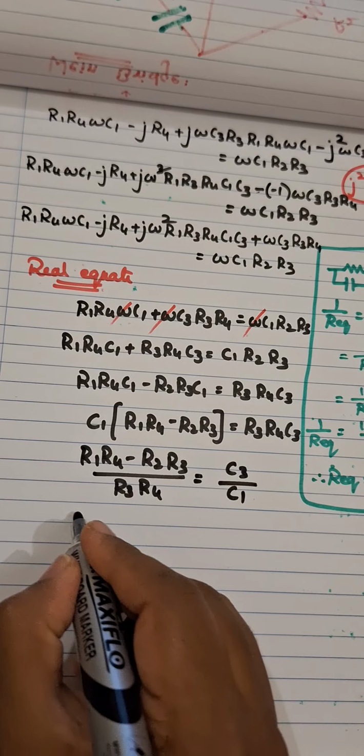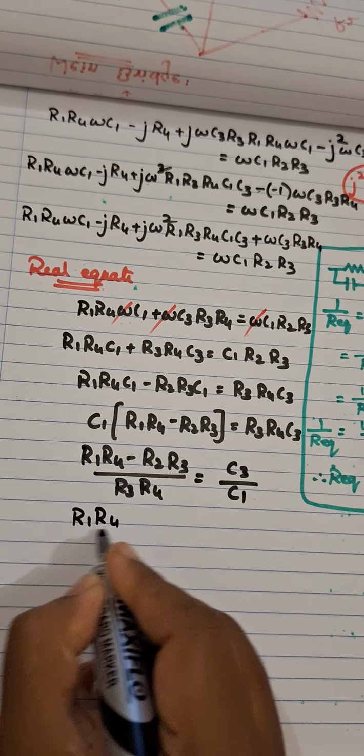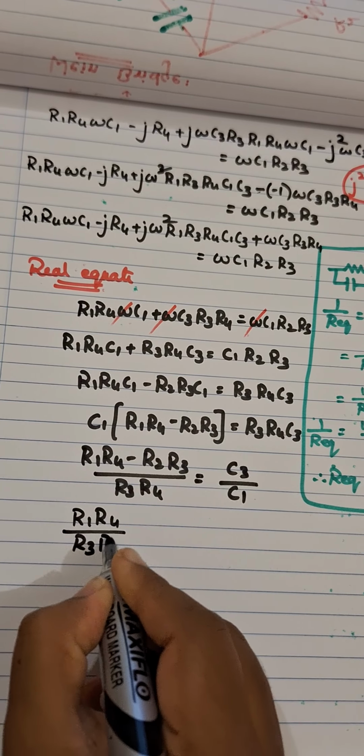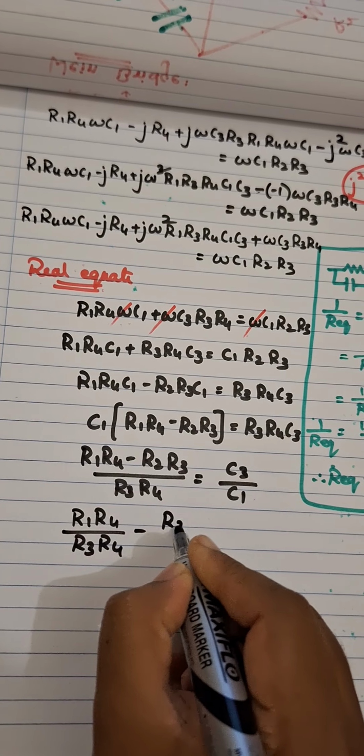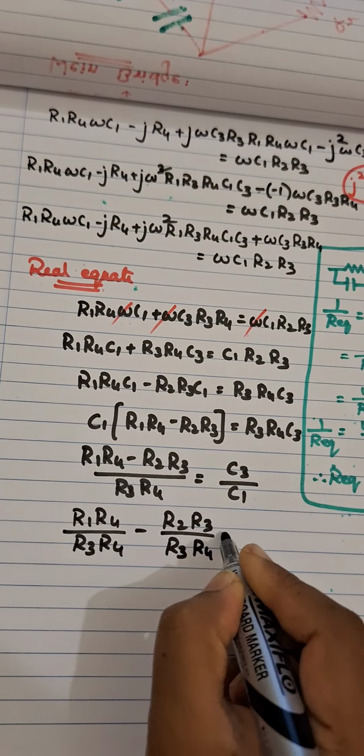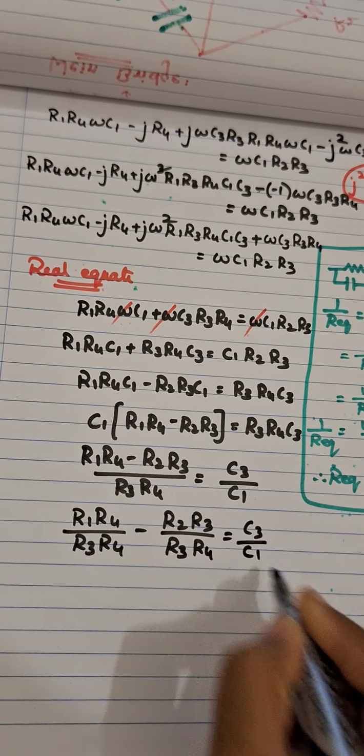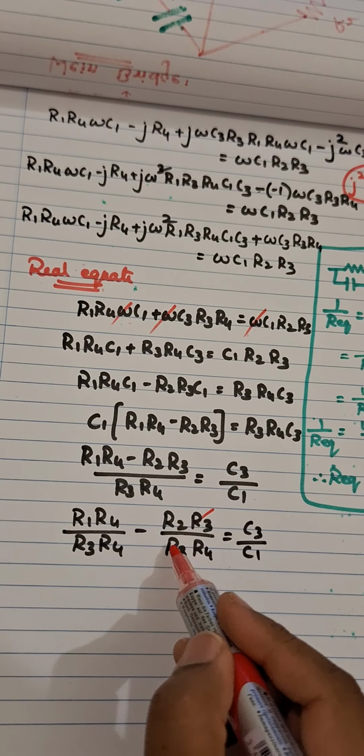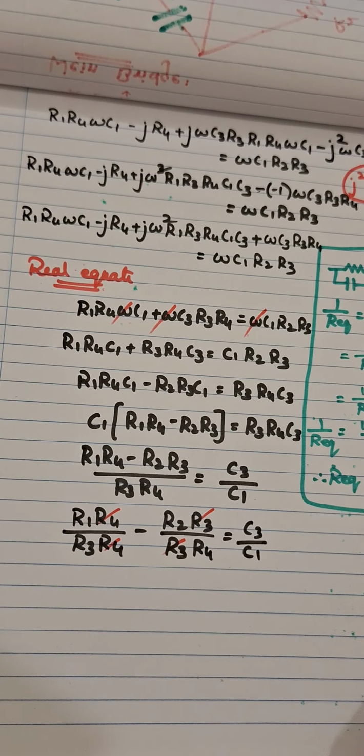Let me separate this. R1 R4 by R3 R4 minus R2 R3 by R3 R4 is equal to C3 by C1. Here R3 R3 is common, R4 R4 is common.